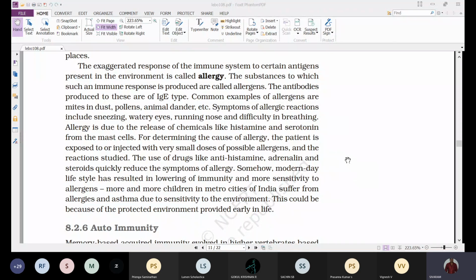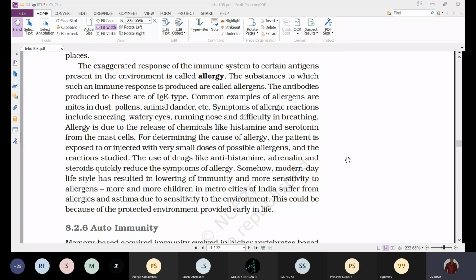Somehow modern day lifestyle has resulted in lowering of immunity and more sensitivity to allergens. And more and more children in metro cities of India suffer from allergies and asthma due to sensitivity to the environment.